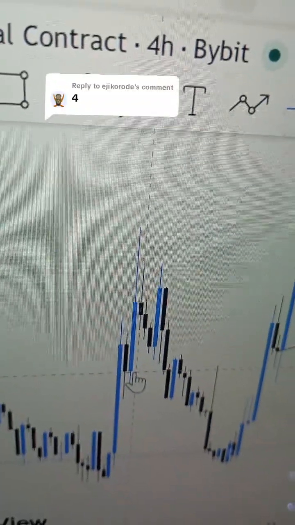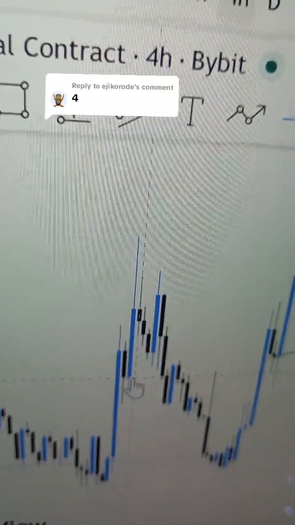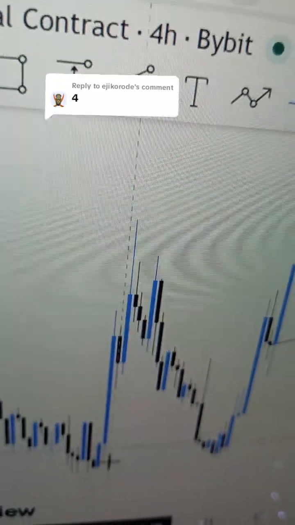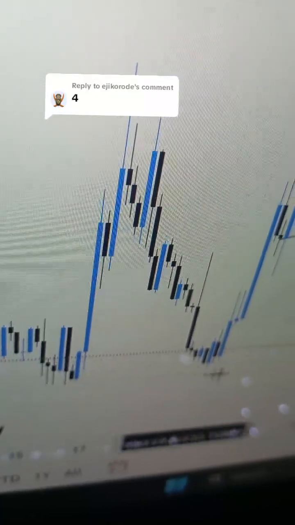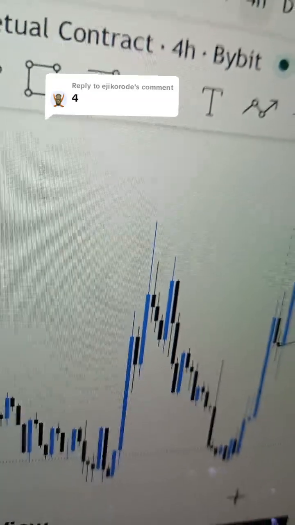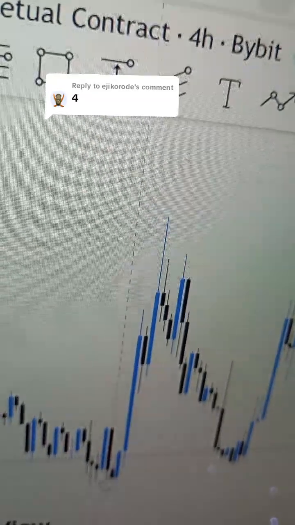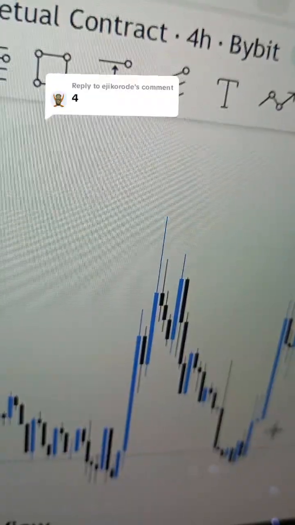There is a difference between pullback and retracement. Do you understand? So this is price testing this particular key level before the actual movement, and if you see what price did, price actually came back and traded into that key level and pushed all the way up.